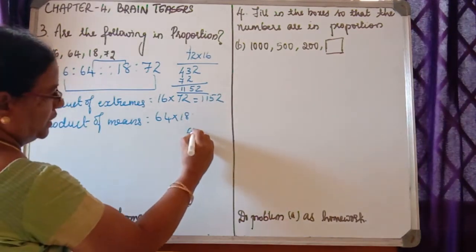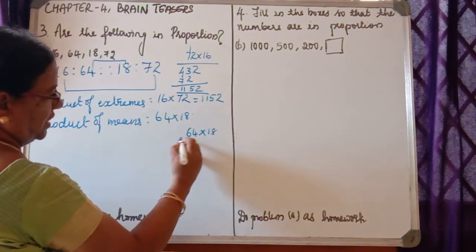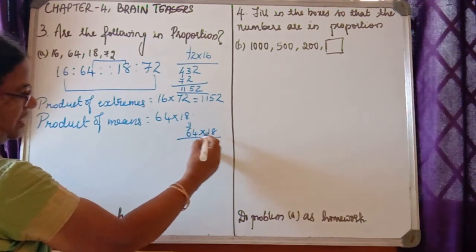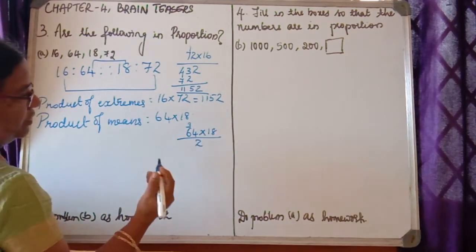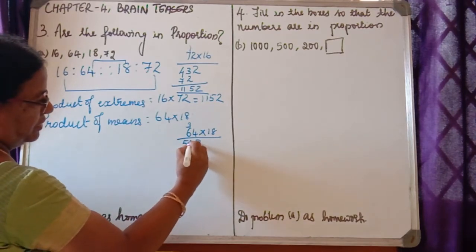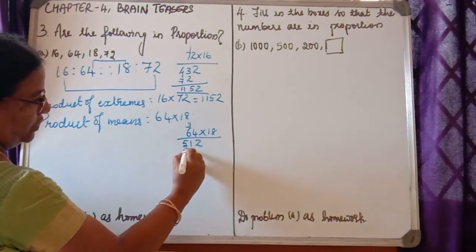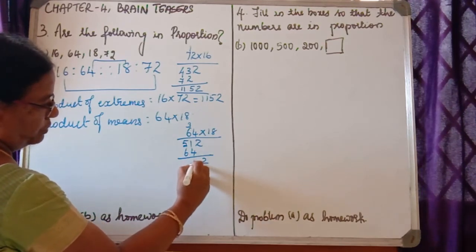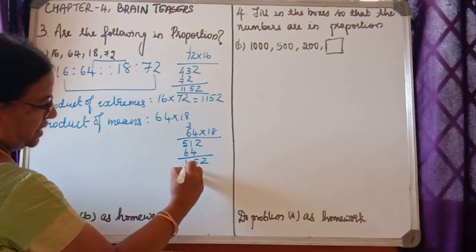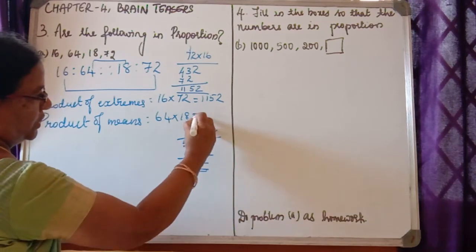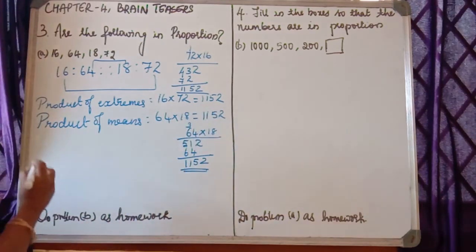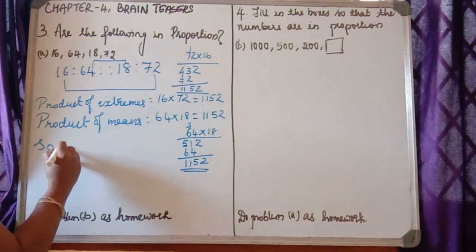Now we are going to multiply 64 into 18. 8 4s are 32, remainder 3. 8 6s are 48. 48 plus 3, 51. 1 4 is 4, 1 6 is 6. Add 2, 4 plus 1 is 5, 5 plus 6 is 11. So this is also 1152.